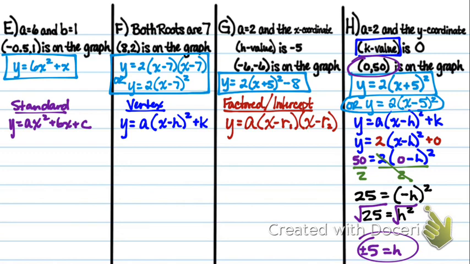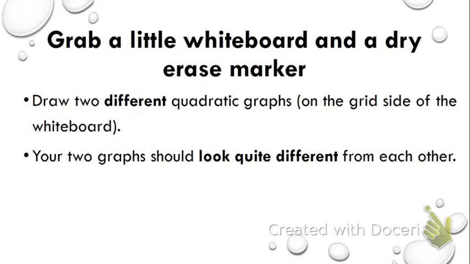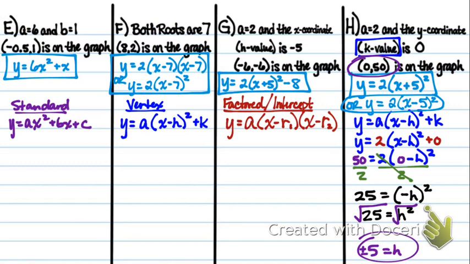All right. So everybody should now have a whiteboard and a marker and eraser. You guys are going to want it on the graph side, so grid side up.